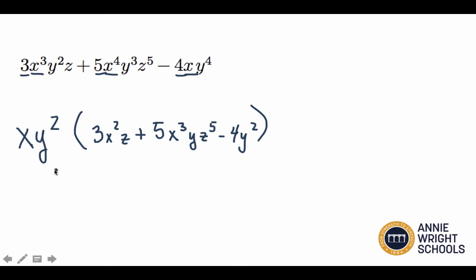If you did it correctly, there won't be a common factor to all three inside the parentheses. So this has 2 x's and this has 3 x's, but notice there's no x's here. This has a y and this has 2 y's, but notice there's no y's here. This has a z, this has 5 z's, but this has no z's. So we have taken out the greatest common factor.